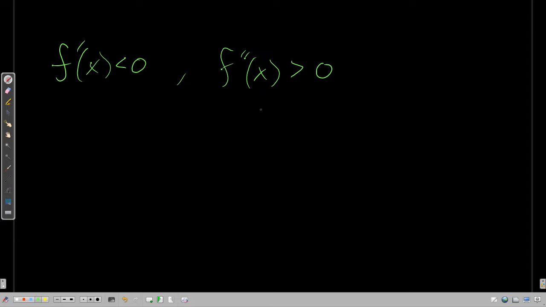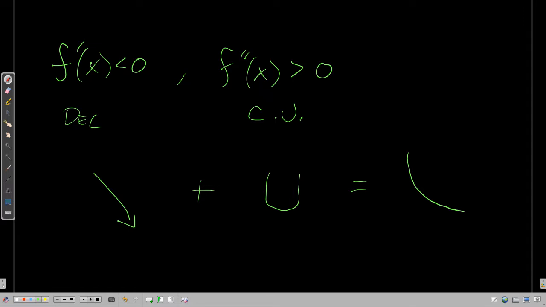Alright, well, this part says it's concave up, and this part says it's decreasing, so it's got to be decreasing, but it's got to be concave up, and taken together, those two ideas would give you a shape of a curve that's something like this. You can see it has its concavity up, but all of the tangent lines have negative slope, and that matches the criteria.